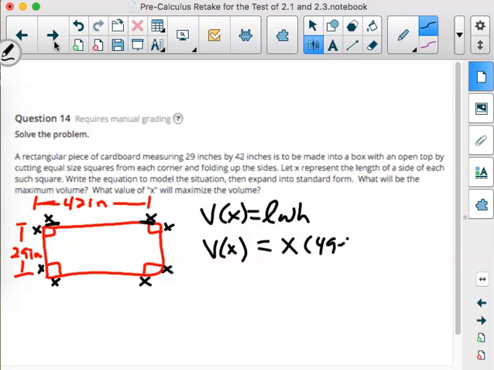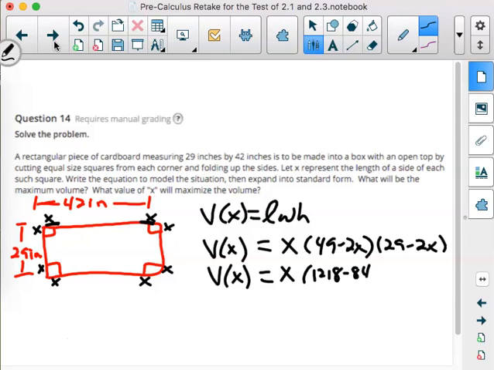So 42 minus 2x and 29 minus 2x. And then I'd want to go ahead and do the FOIL on the back too. So that gives me 1,218 minus 84x minus 58x plus 4x squared.